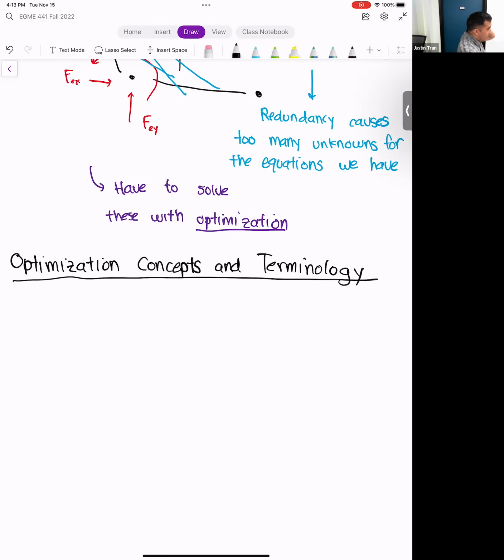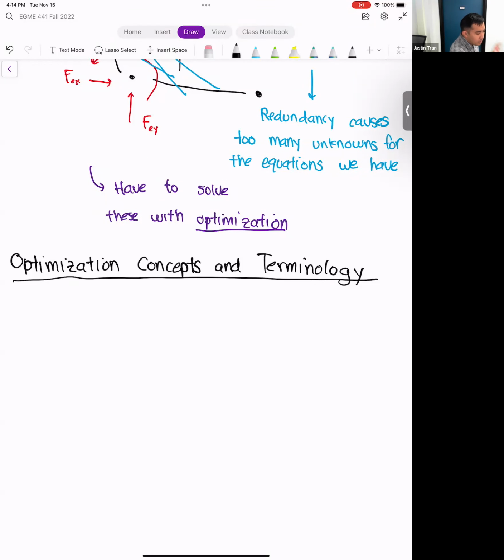And so, like I mentioned, optimization is a very different way of looking at solving problems. What we're traditionally taught, and what we traditionally know, is that we have to have the same number of equations as the number of unknowns, right? That's traditionally how we solve a lot of these problems, either in an algebraic way or even with differential equations as well. Okay.